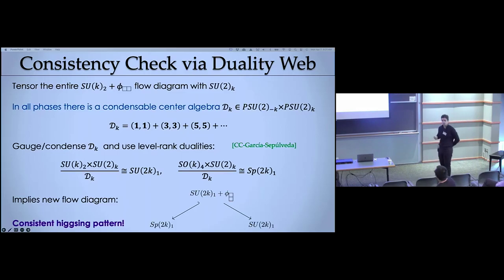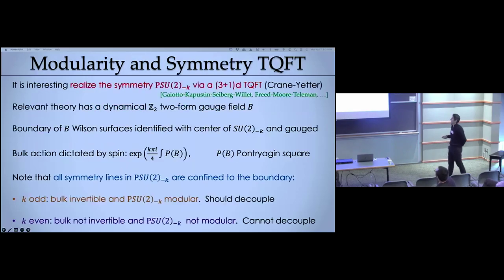Here we have that. Okay, the last technical slide is where I want to tell you something about the modularity and the symmetry TQFT in this example. So it's interesting to try and realize this symmetry by a 3+1D TQFT. The relevant theory in this case is rather easy. We just have a Z2 dynamical two-form field B, and the point is that the boundary of B, Wilson surfaces, are identified with the center of SU(2) level minus K, and they're gauged.